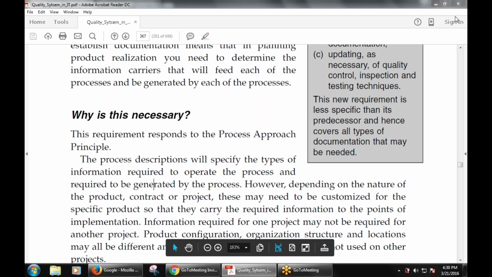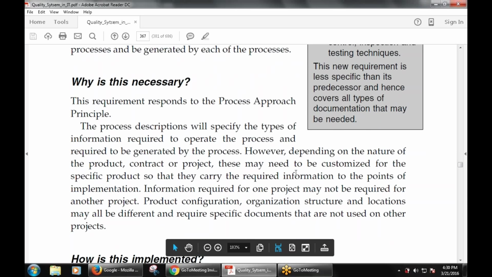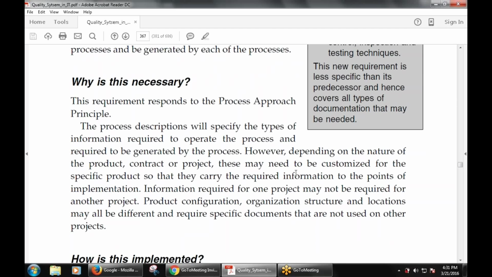However, depending on the nature of the product, contract or project, these may not be customized for the specific product, so that they carry the required information to the required points of implementation. In simple terms, whenever we use documentation, the required information is available at the right time.